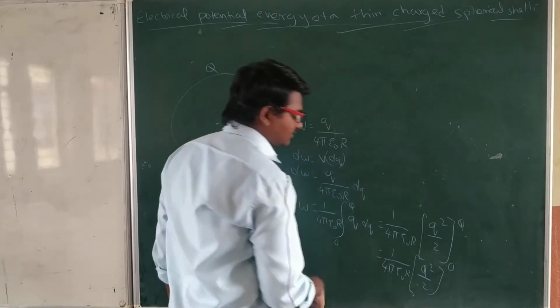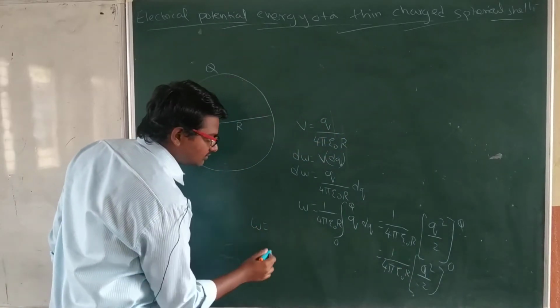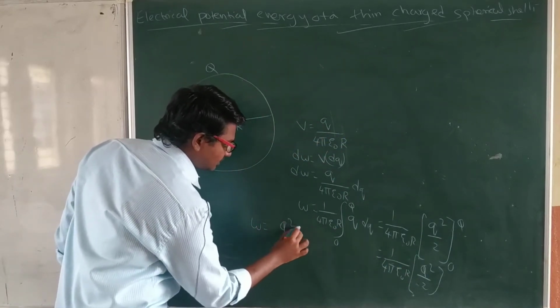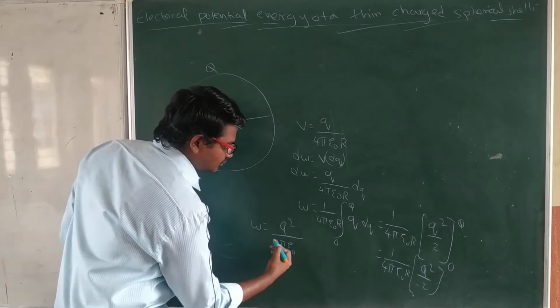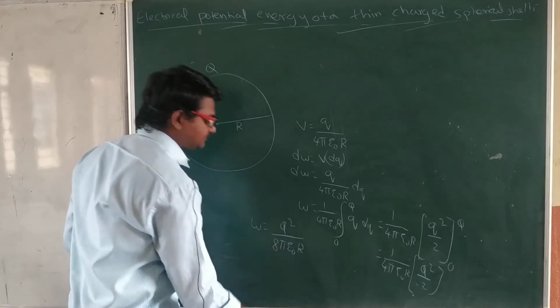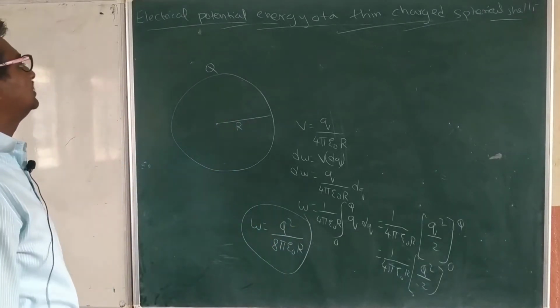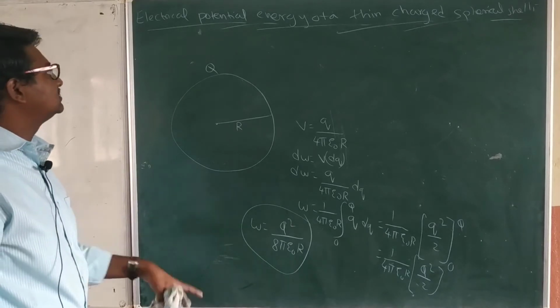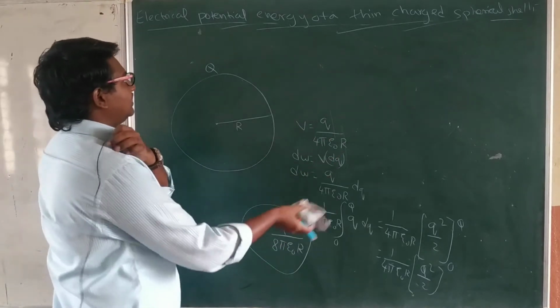That will be W is equal to capital Q square by 8 pi epsilon naught R. That's it. This is the potential energy which is stored. A negative sign is required to show the electric potential energy.